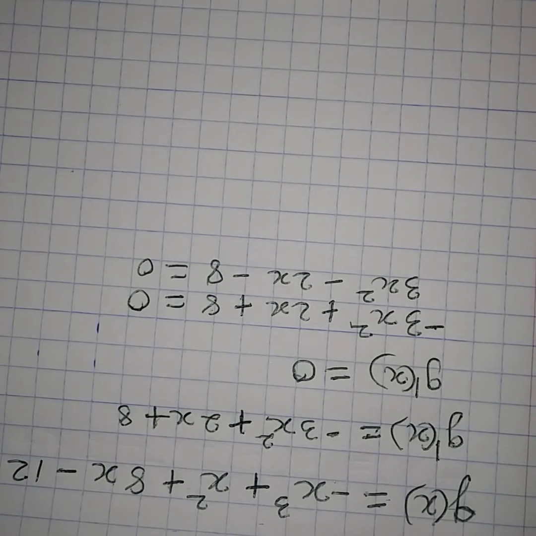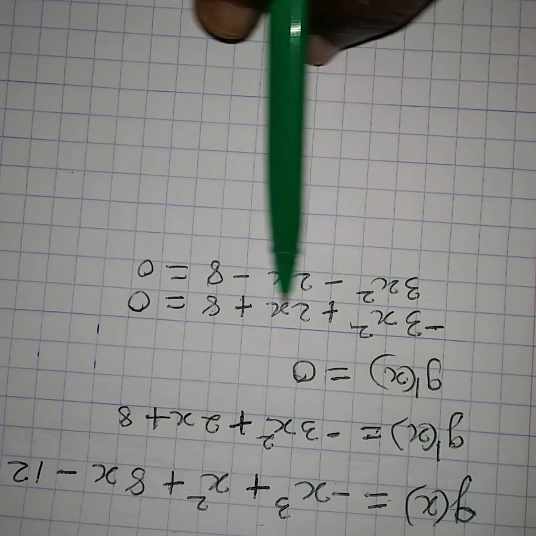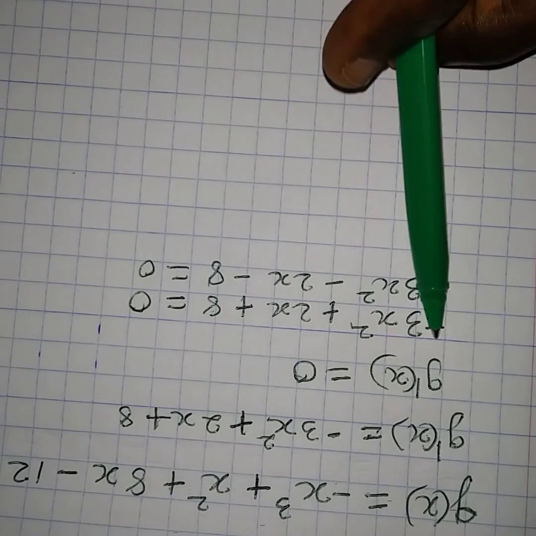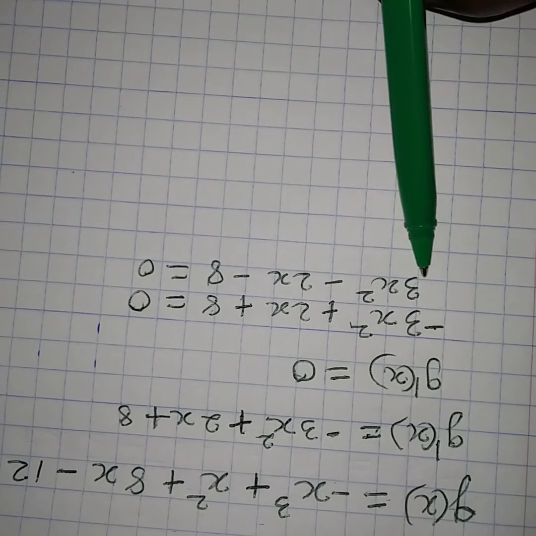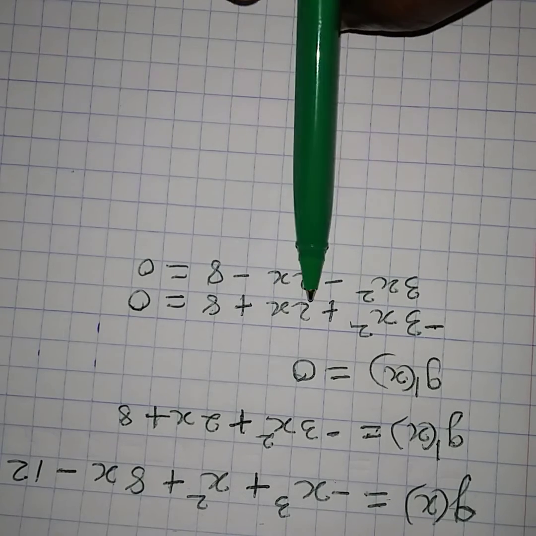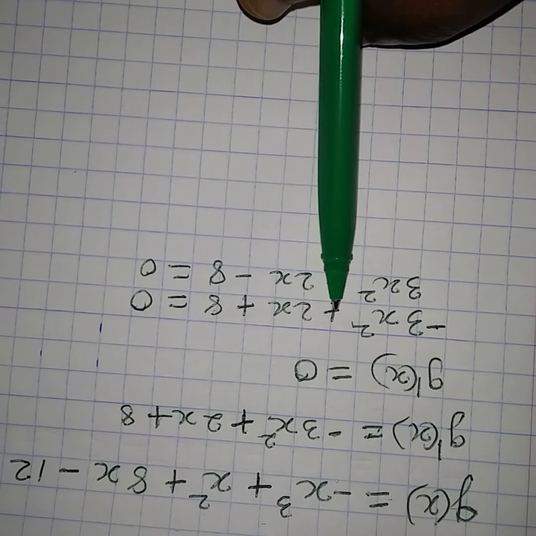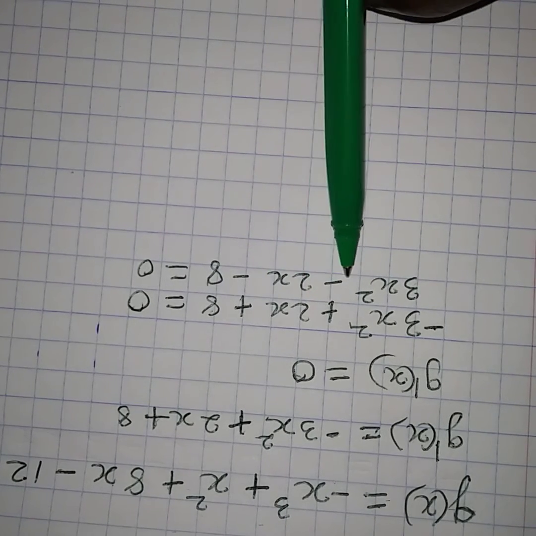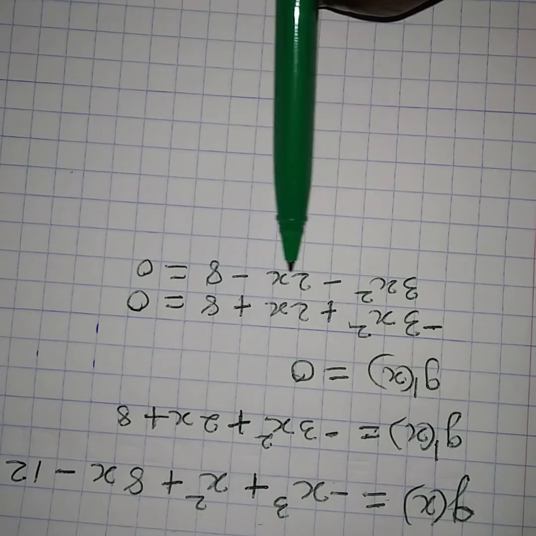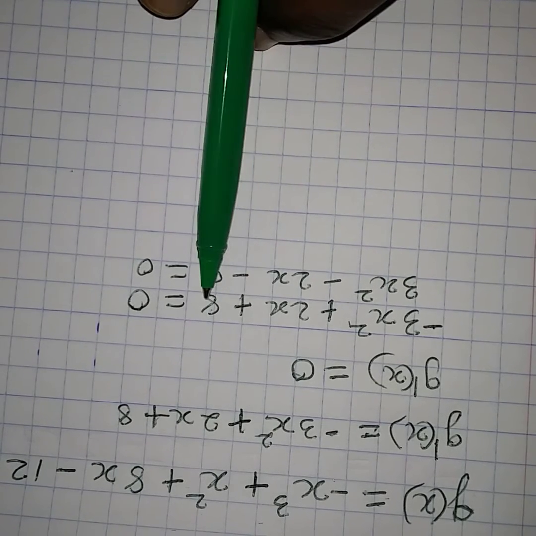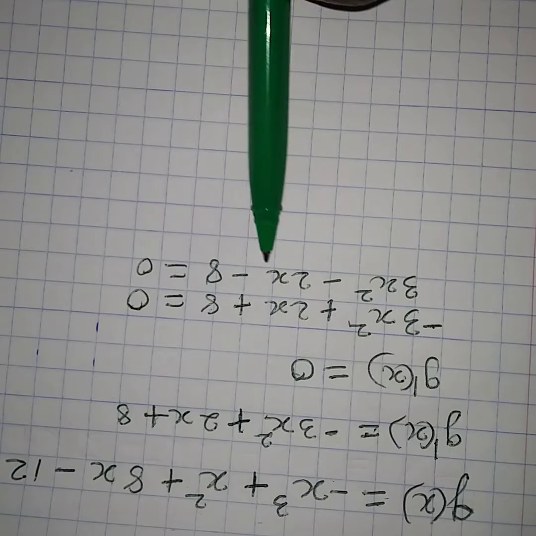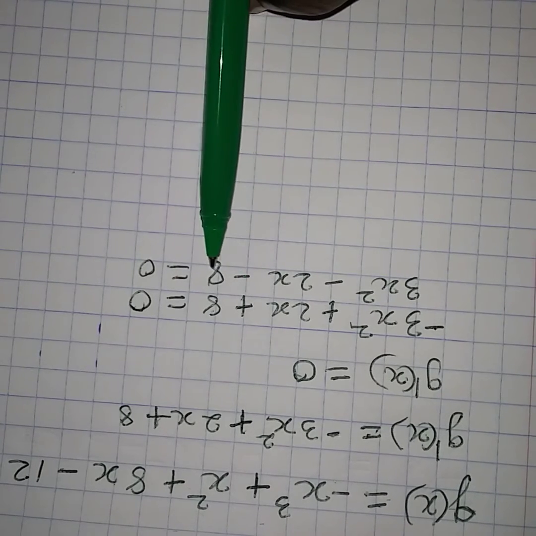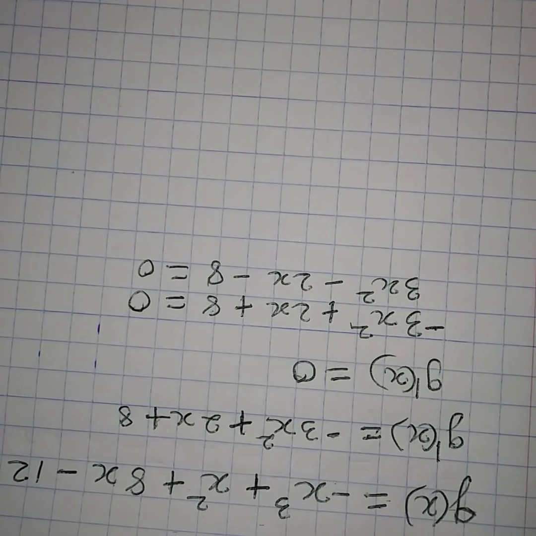So if we divide everything by negative 1, negative 3x squared becomes positive 3x squared. Positive 2x divided by negative 1 will give us negative 2x. Then positive 8 divided by negative 1 will give us negative 8, all equal to 0.